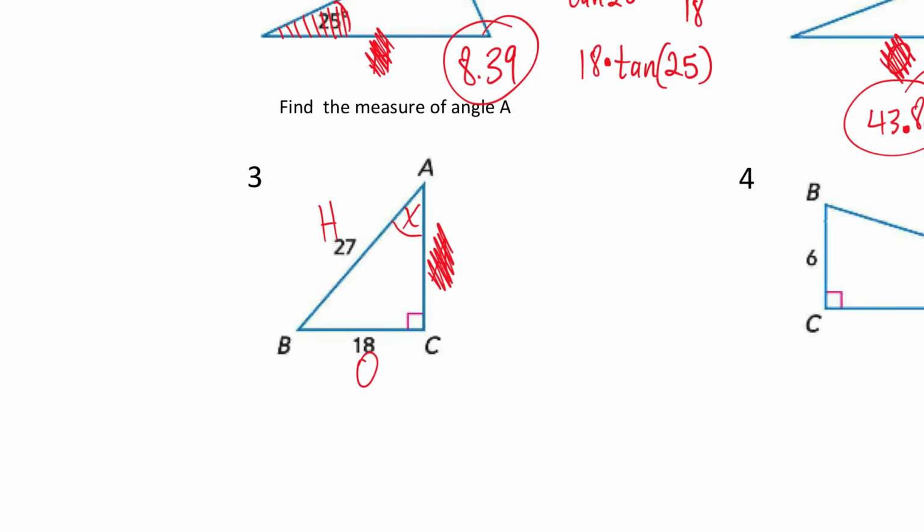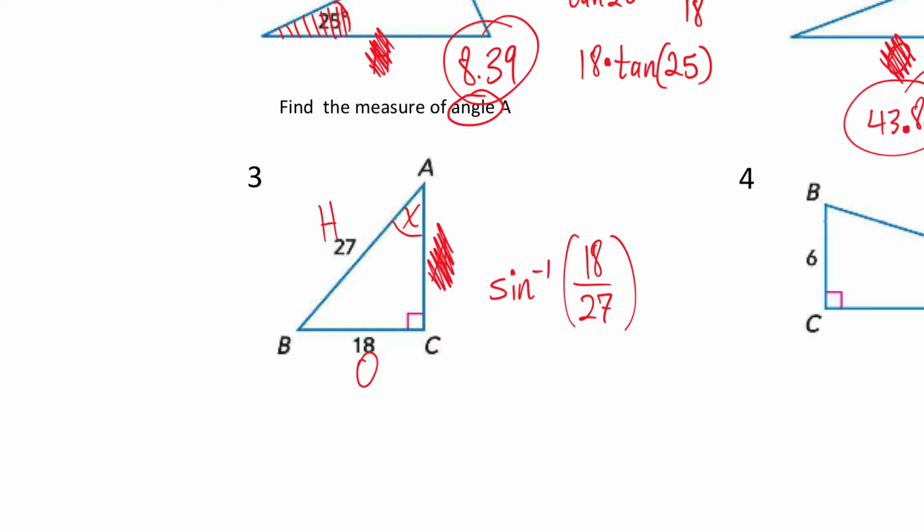Okay? Now remember, since I'm looking for the angle, which one am I going to be using here? The one with the -1, okay? And then sine is opposite over hypotenuse, so 18 over 27. And again, remember, make sure that your calculator's in degree mode.